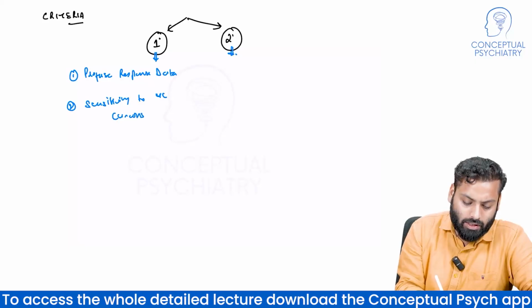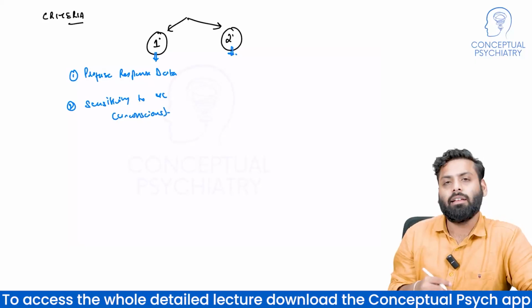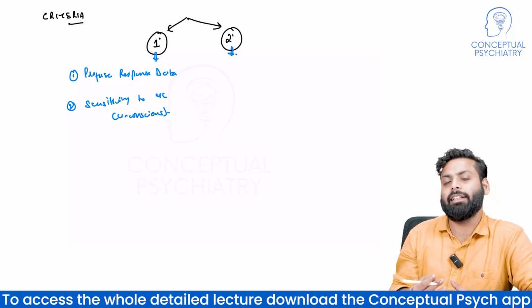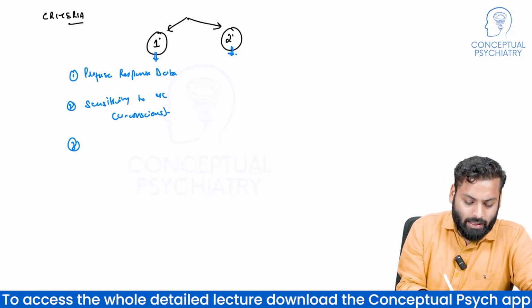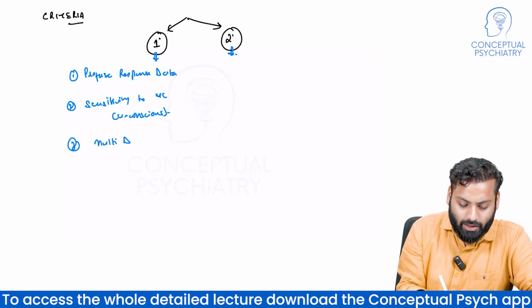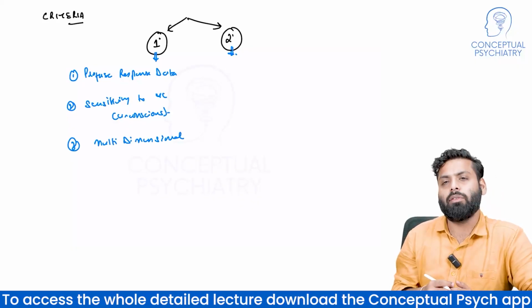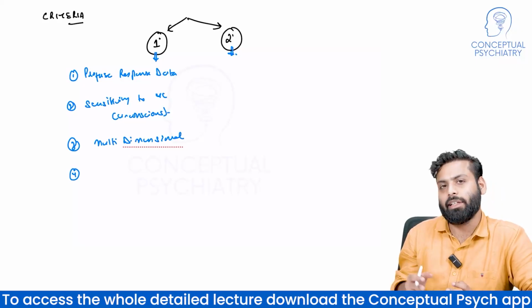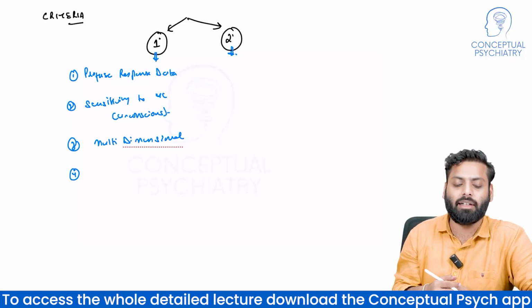UC is unconscious. The test should help us reach the unconscious of the patient, reaching the latent aspects of the personality. Then the test should be multidimensional. It should evaluate a lot of characteristics, because then it has to integrate everything and give us the personality as a whole.